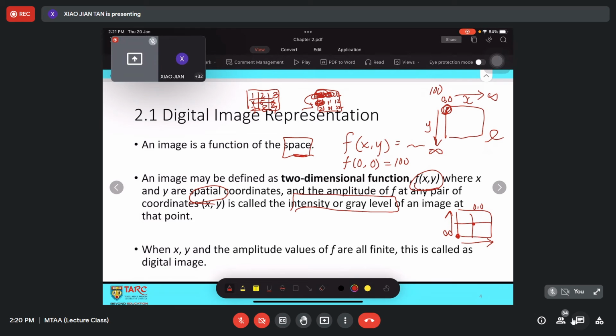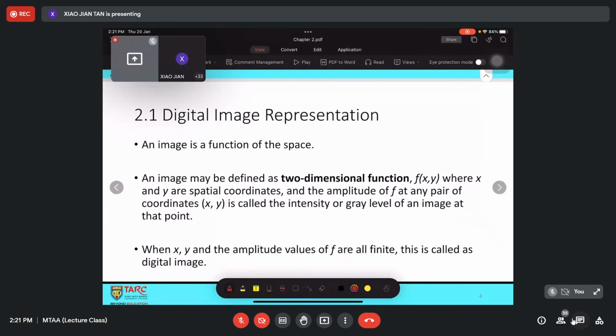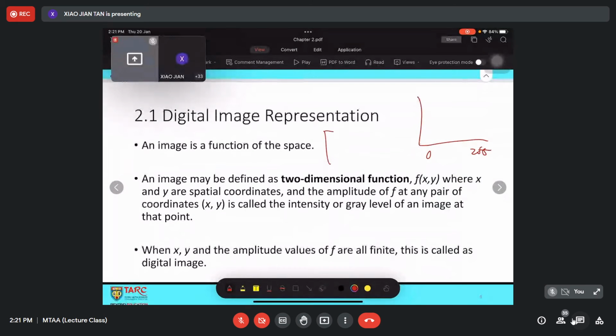Okay, amplitude, which means this would be the amplitude. For example, we have 0 to 255. Let me draw here. Let's say you have 3 times 3.